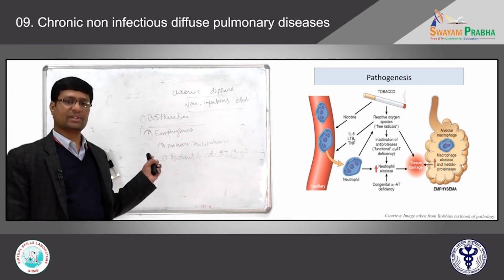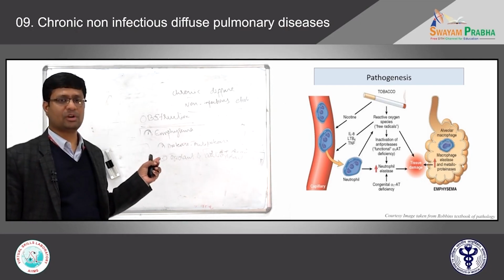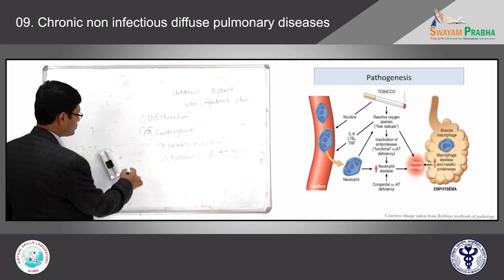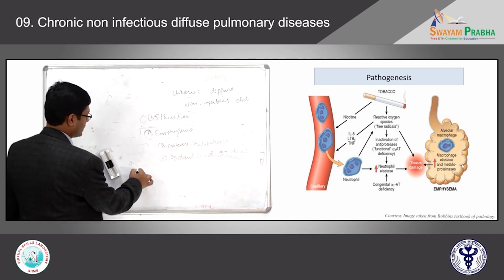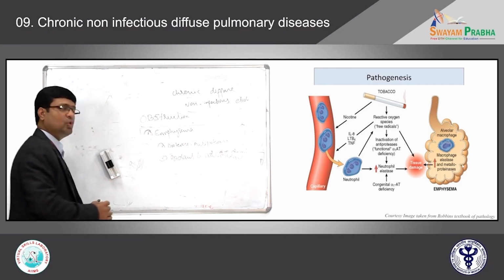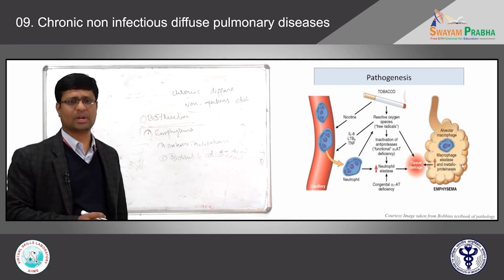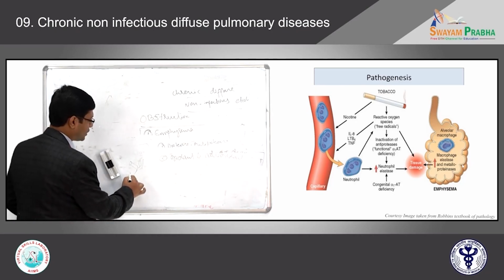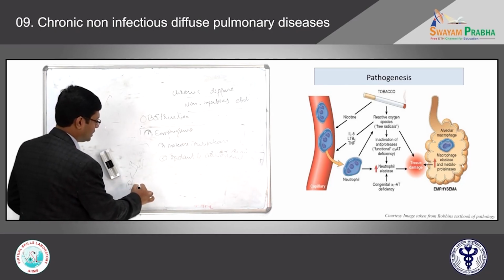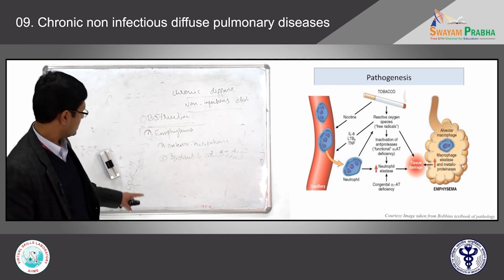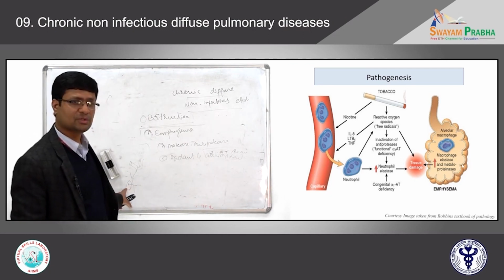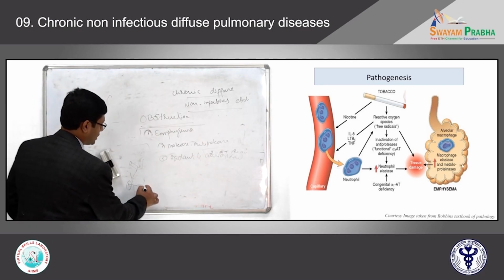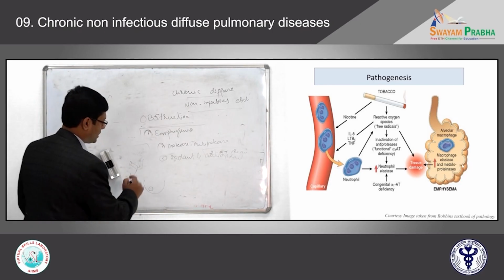As I told you previously, COPD is most commonly caused by heavy smoking. A cigarette contains numerous chemicals, and nicotine is one of them. Some chemicals cause chemotaxis, for example nicotine. Chemotaxis means the inflammatory cells, the neutrophils in the circulation, come and get deposited in the alveolar lumen.